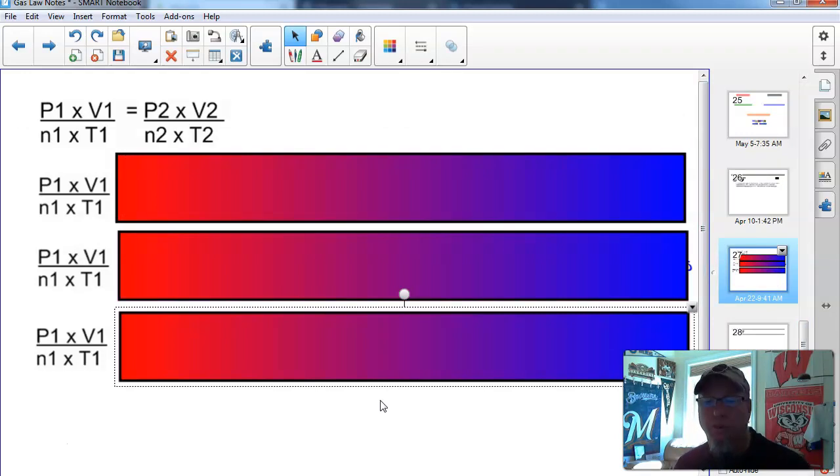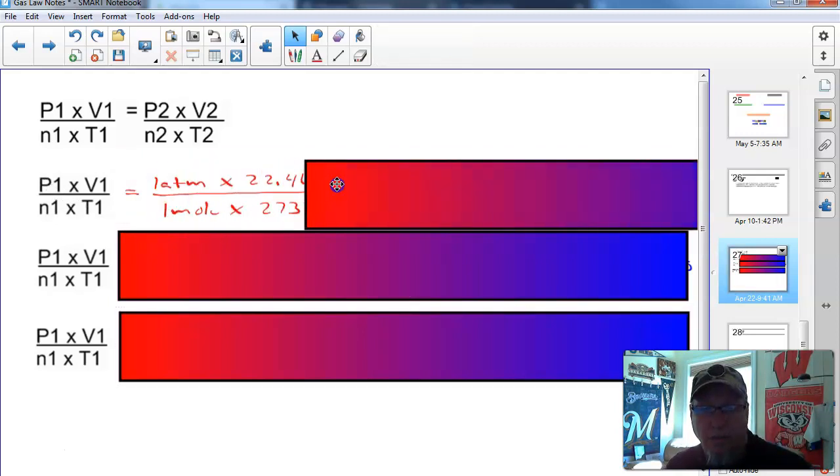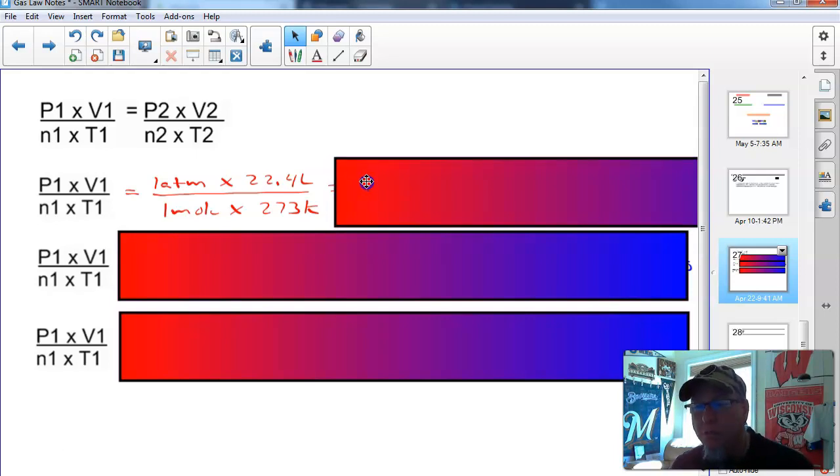So Tyler DeWitt introduced you to this number R. And here's what I want to show you about R. R comes from something that you guys know. Standard conditions for any particular thing is 1 ATM, 22.4 liters, 1 mole, and 0 degrees Celsius. Keep in mind 0 degrees Celsius is 273 Kelvin.